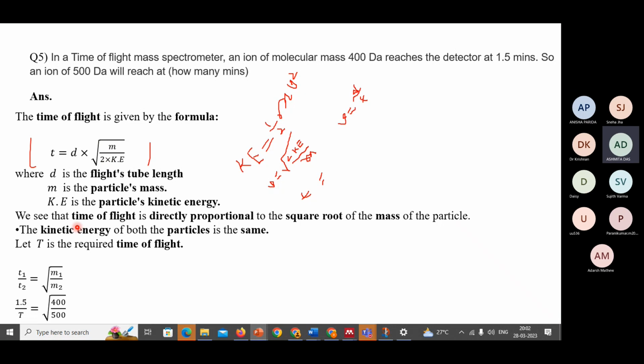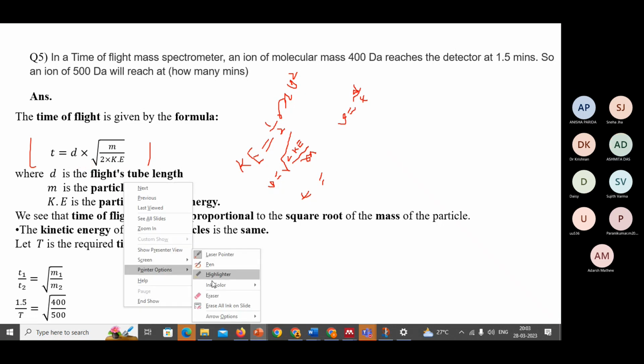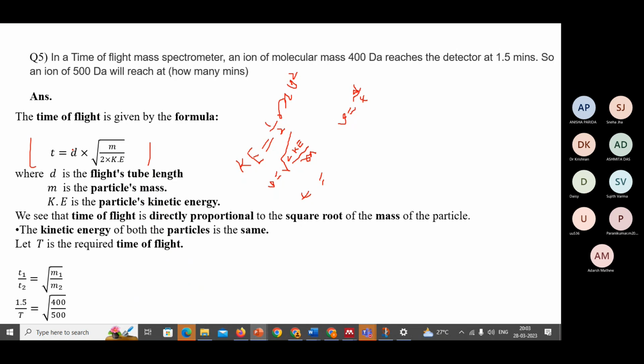So if we consider that the kinetic energy of all the particles is the same, then this entire part is a constant value.